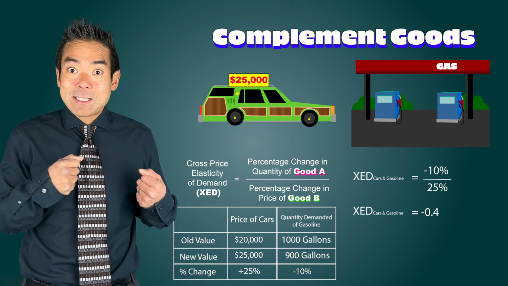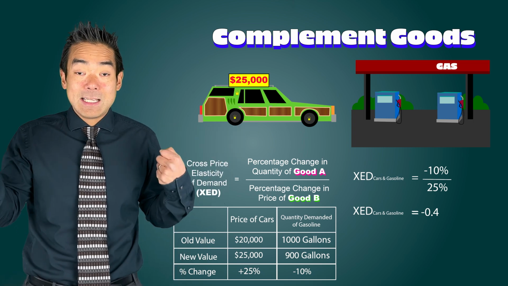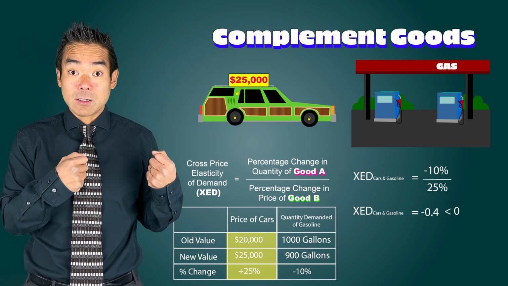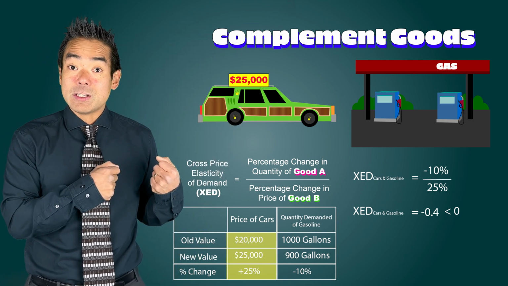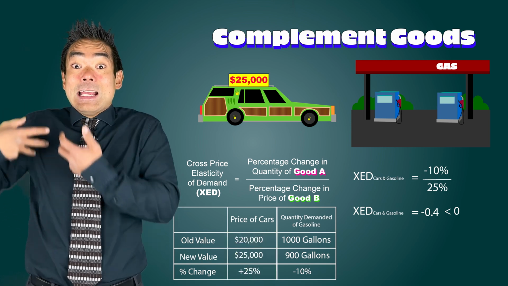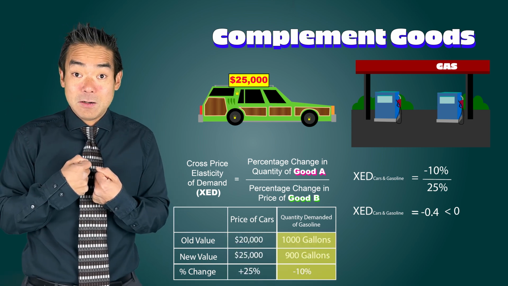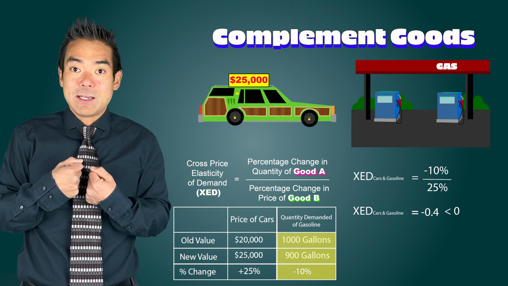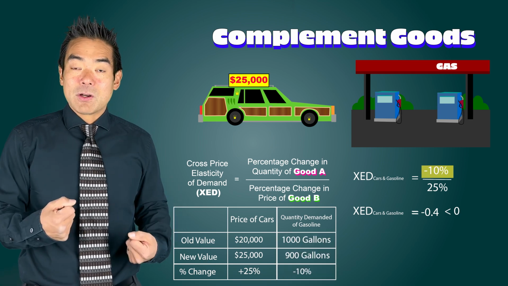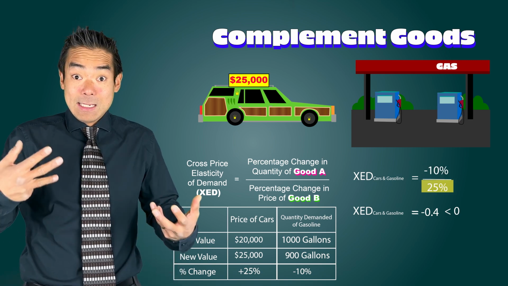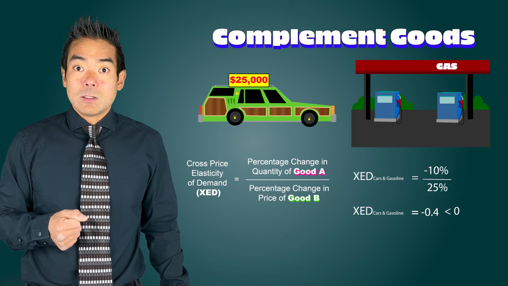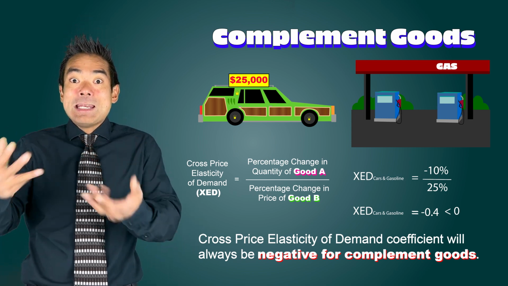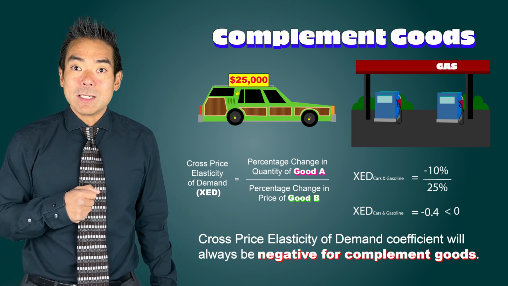Notice that cross-price elasticity of demand between cars and gasoline is negative because an increase in the price of cars, a positive percentage change in the price of cars, has yielded a decrease in the quantity demanded of gasoline, or a negative percentage change in the quantity demanded of gas. A negative number divided by a positive number is a negative number. The cross-price elasticity of demand coefficient will always be a negative number for complement goods.